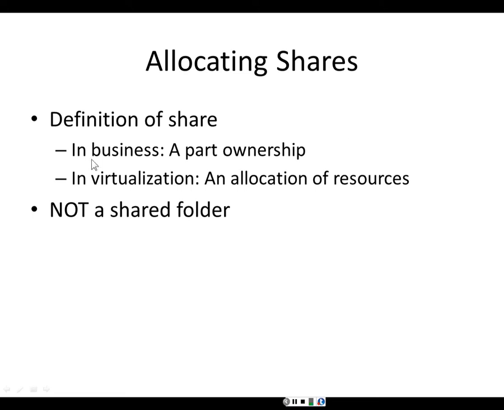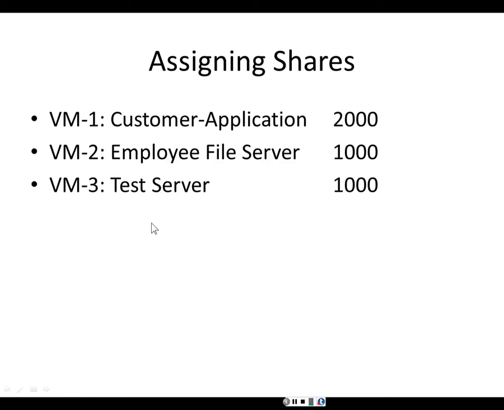Now, the definition of a share in business is a part ownership of a business. If I have 200 shares in a business and you have 100 shares of the same business, that means I own 2/3 of that business. In virtualization, shares refer to allocation of resources, not to a shared folder, which is something you're probably familiar with in Windows.